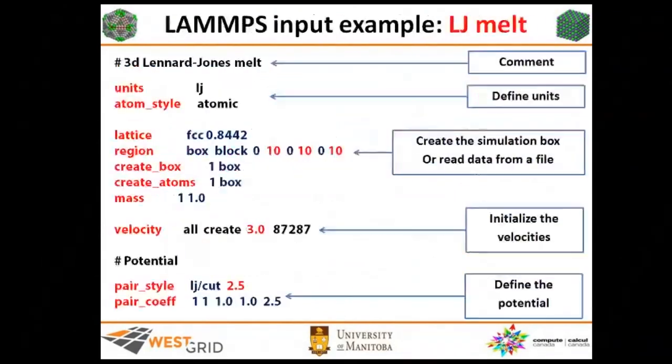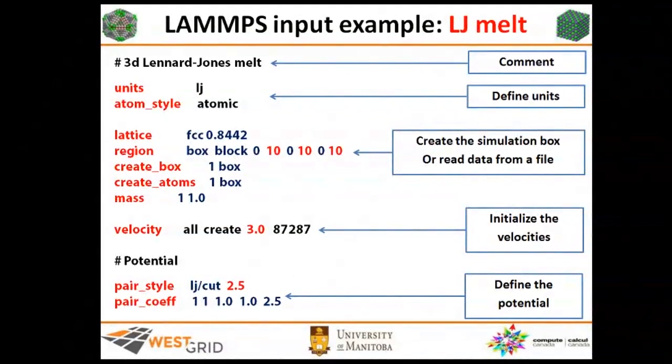There are some commands you can use to customize the output file. At the end of the input file, there is one command: run, followed by the number of iterations, and the simulation will run for that number of steps. You can also use minimization, depending on what you want from your simulation.